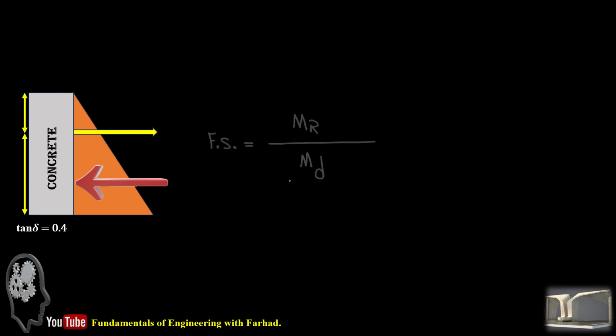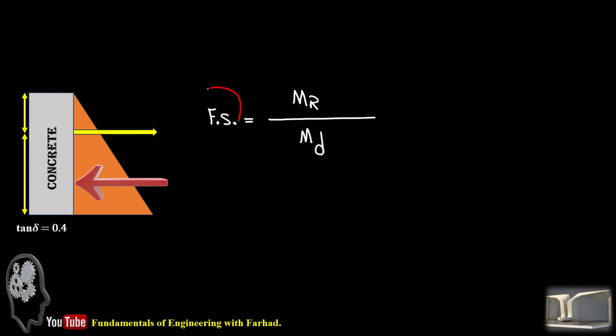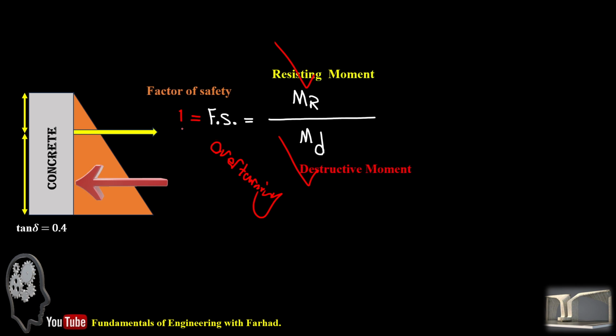If we move to our equation for factor of safety against overturning, it is resisting moment over destructive moment. Factor of safety is provided to be 1. In a real case, this is like 1.723, something like that. This is a very small amount for factor of safety, but in our problem it is provided to be 1.